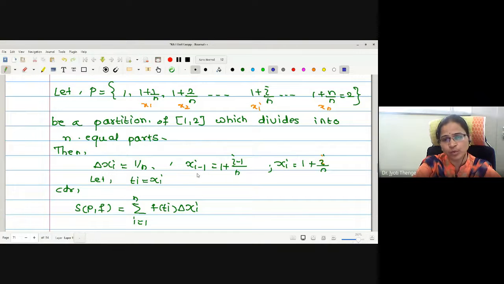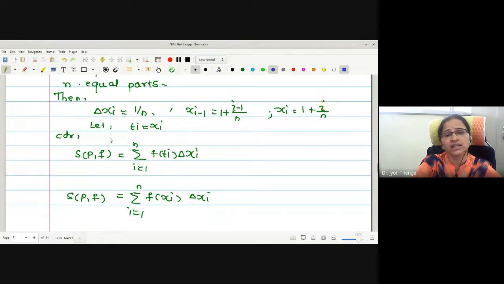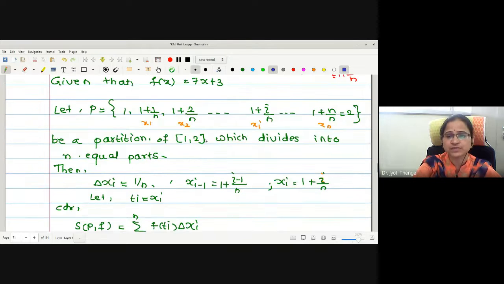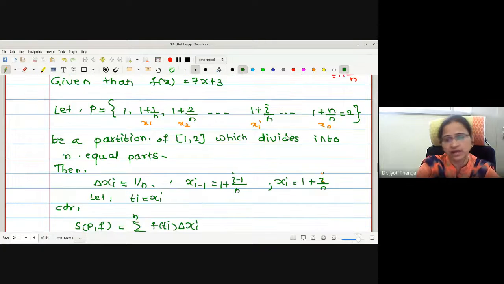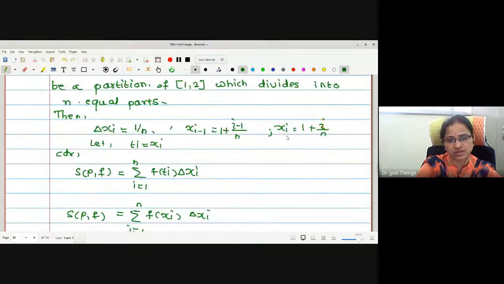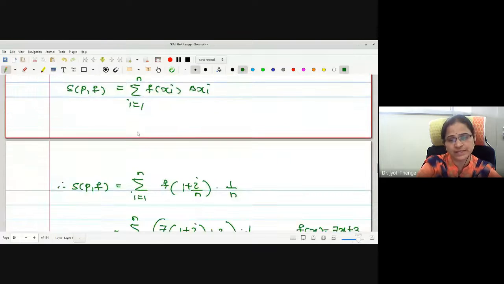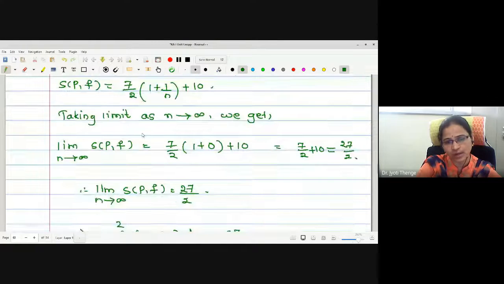We have marked the points x_{i-1} and x_i of the ith subinterval, and the arbitrary point t_i we have selected to be x_i, the second endpoint of the ith subinterval. Accordingly we have written the SPF. Then we have evaluated the value, and lastly we take the limit as n tends to infinity.